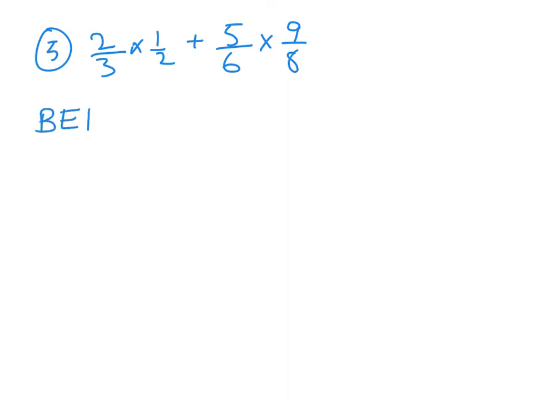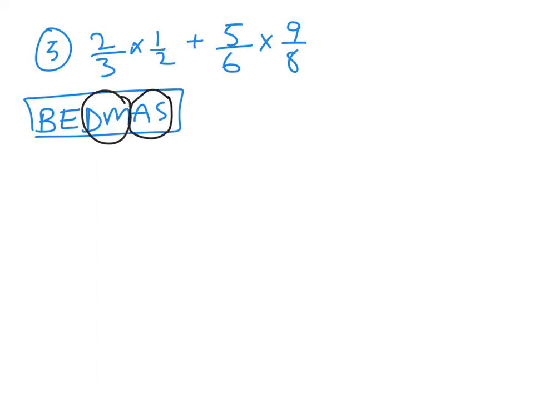Okay, so question 5 was 2/3 times 1/2 plus 5/6 times 9/8. Now, we've already discussed briefly this rule called BEDMAS. This tells us the order in which we have to do things. And you'll notice that the division and multiplication happen before addition and subtraction.